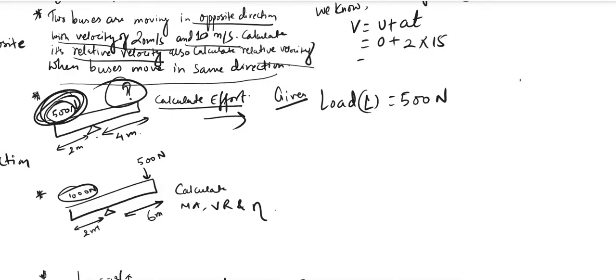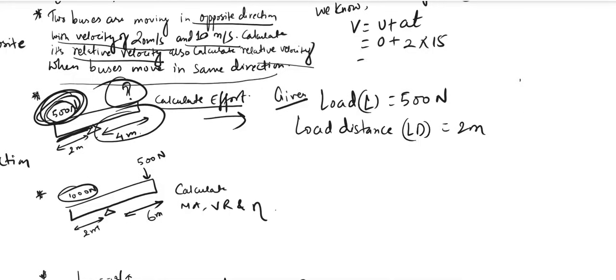The distance from fulcrum to load is called load distance. Load distance is equal to 2 meter, and the distance from effort to fulcrum is effort distance. ED is equal to 4 meter.